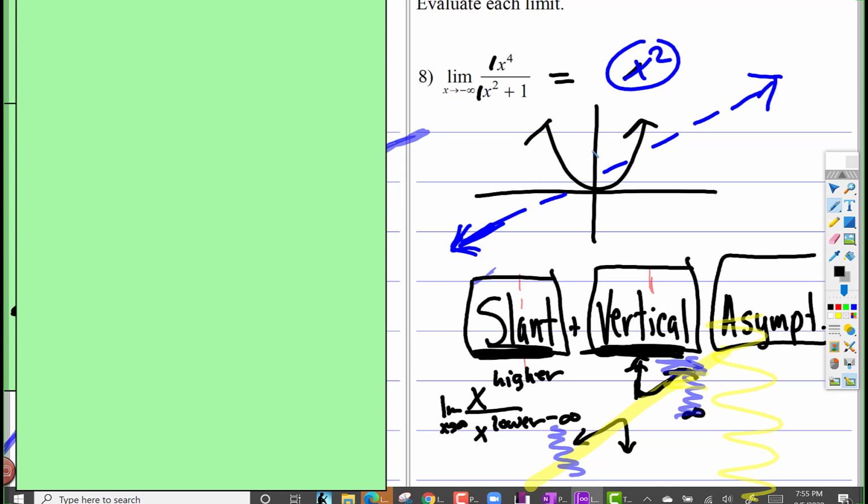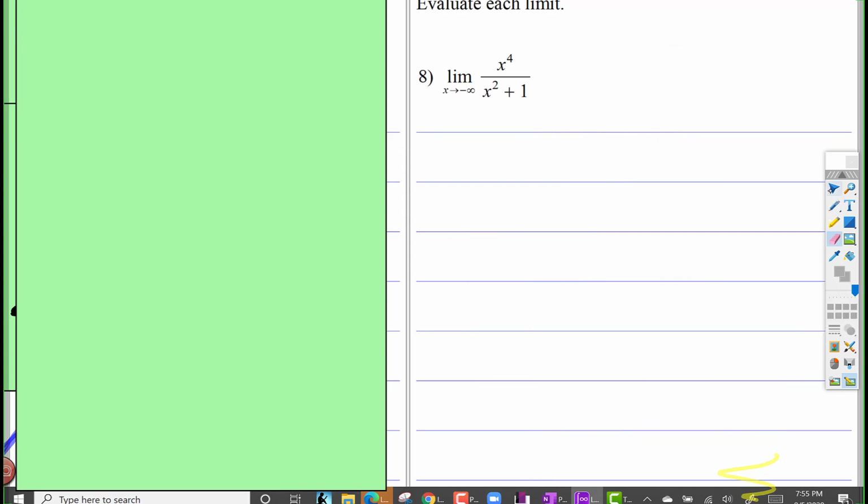There would be a slant asymptote in there. I don't know exactly what that graph would look like. However, what I do know, actually, hold on, okay. So I'm going to hold back for just a second, or pull back up a little bit.